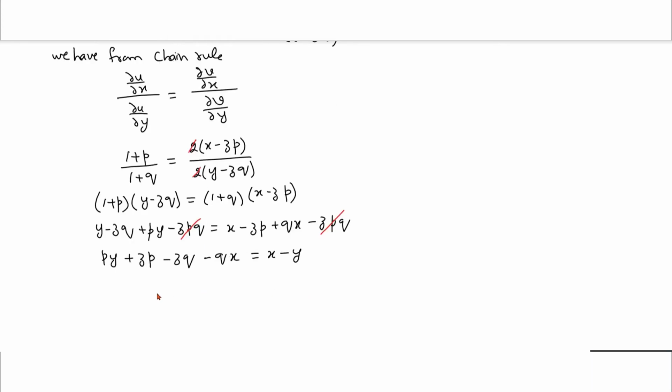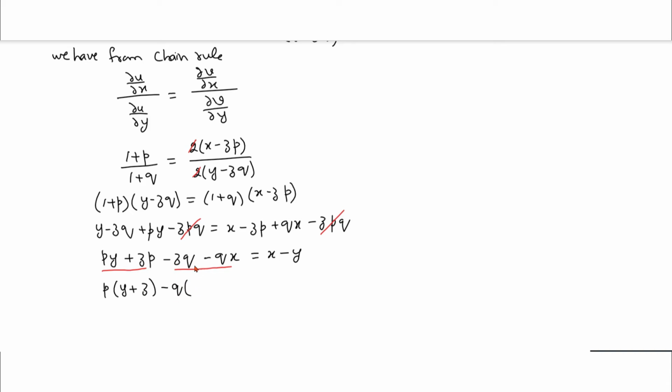Now I can take the value of p common from here. If I take p common from these two terms, and from these two terms I'll take q common, then taking p common, you'll be left with y plus z. Here minus q, because both are minus, I'll take minus q outside.